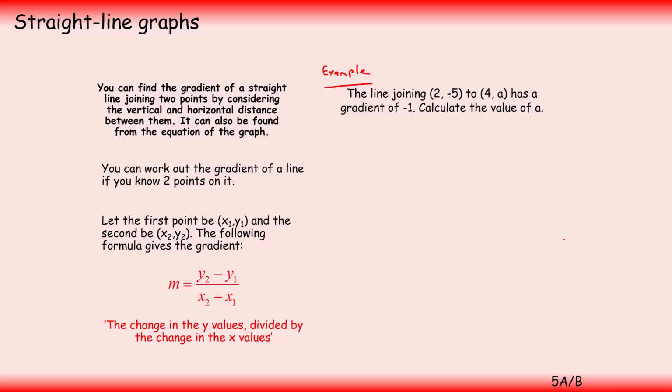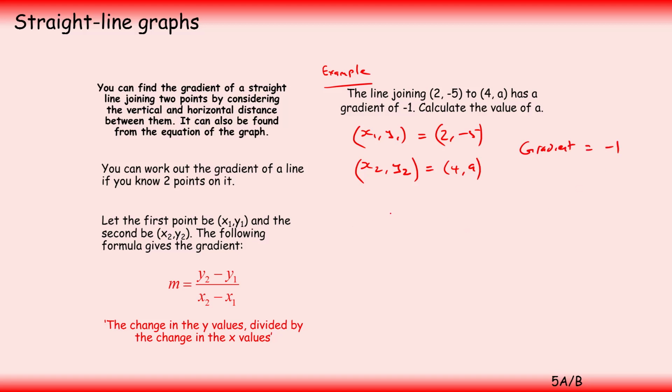Let's say x1 and y1 are equal to 2, minus 5. And then x2, y2 equals 4, a. I've got to find out what a is, and the gradient is equal to minus 1.